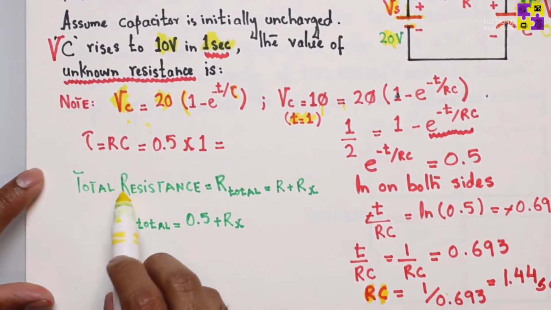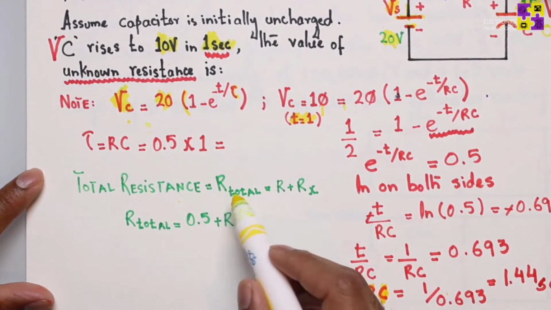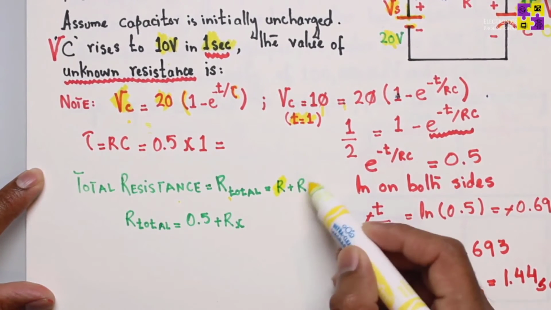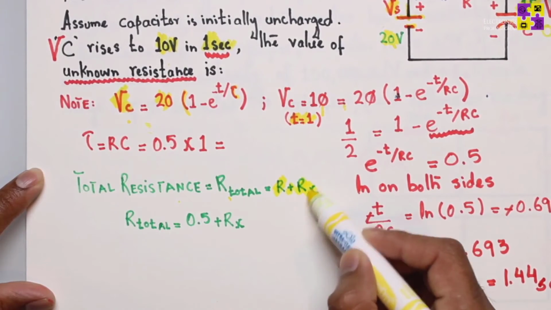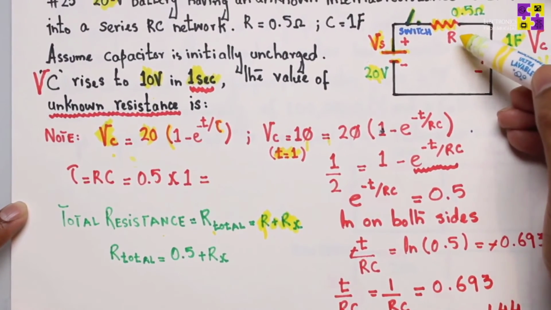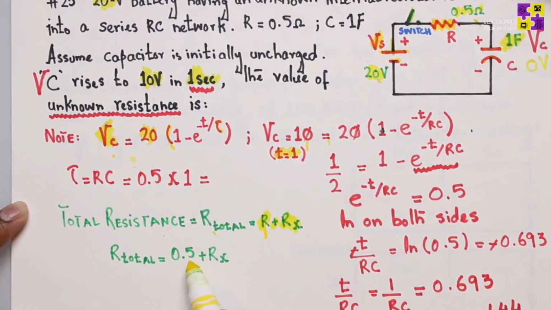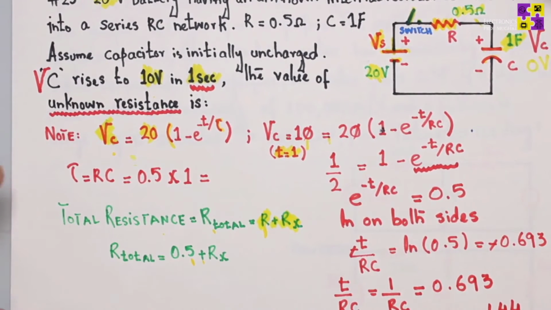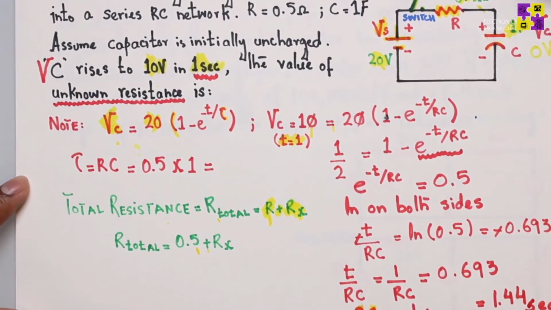So the total resistance here is going to be R plus Rx. The value of the resistance right here is given, which is 0.5 ohm, so I have written 0.5 plus Rx. How do we calculate Rx?